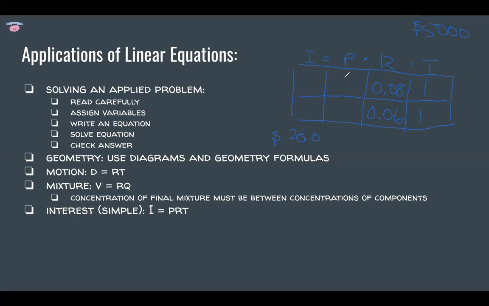So since we don't know principal, we can put x. Would this be y? Do we need two variables? And the thing is we don't, because we know we start with 5,000 and principal is basically the initial amount for each. So if we put x in here, we have to put 5,000 minus x here. Sorry, let me write that better.